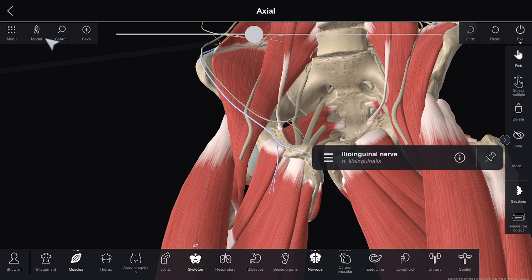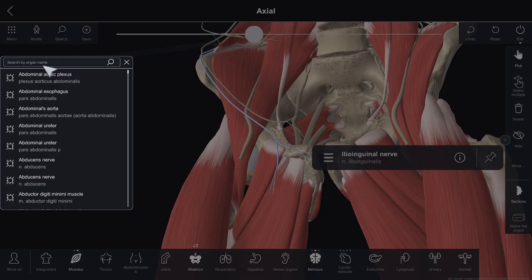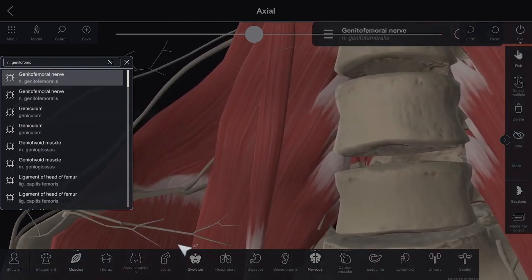Genitofemoral. Surely. Let's find genitofemoral nerve.